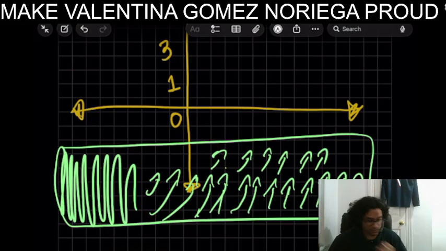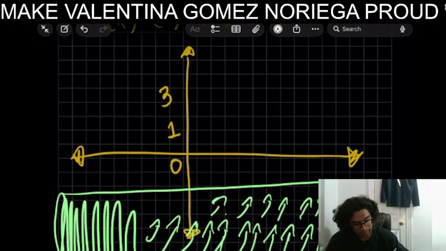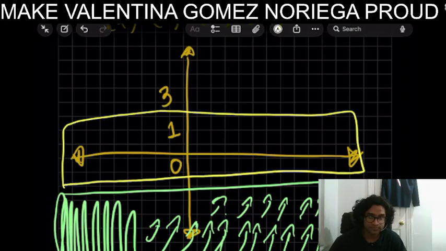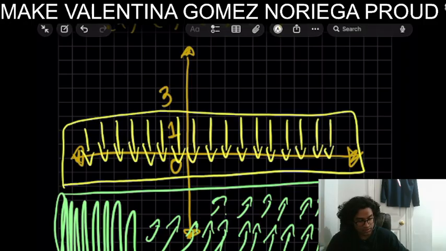Now anything in between 0 and 1, we know it will be a negative. So I'm going to have half going down. I maybe overlapped 1, but that's completely fine.